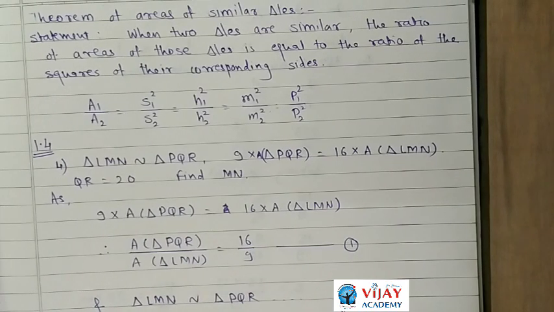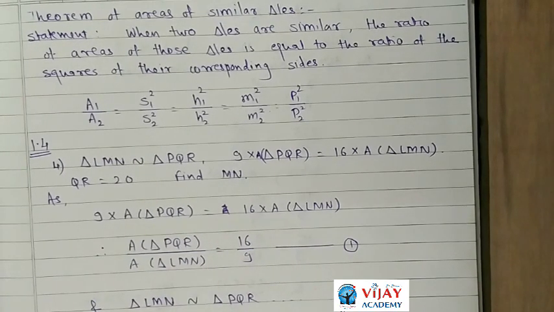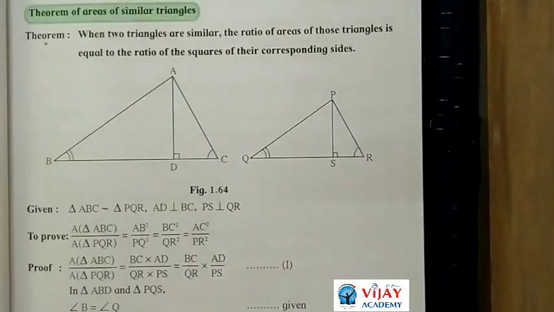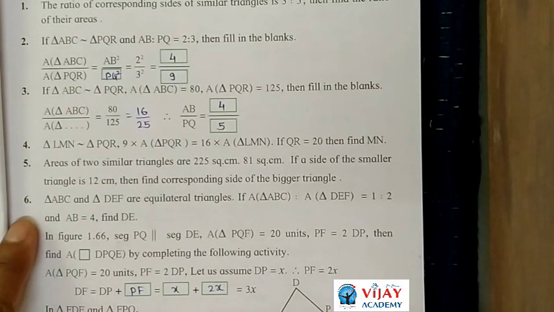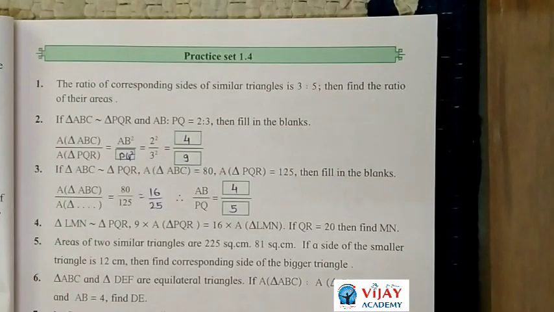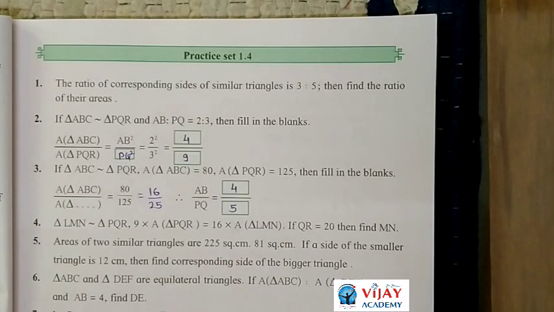Now we'll start exercise 1.4. In exercise 1.4, you are given the sums. The ratio of corresponding sides of similar triangles is 3:5. Then find the ratio of their areas. In this case, you are given two triangles are similar and S1 upon S2 is equal to 3/5.